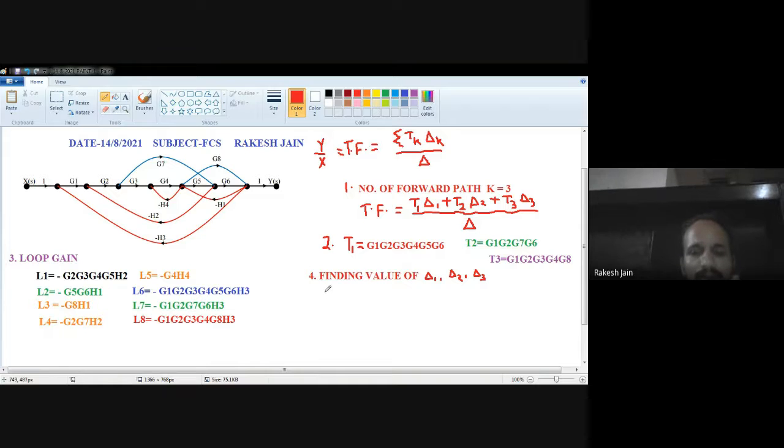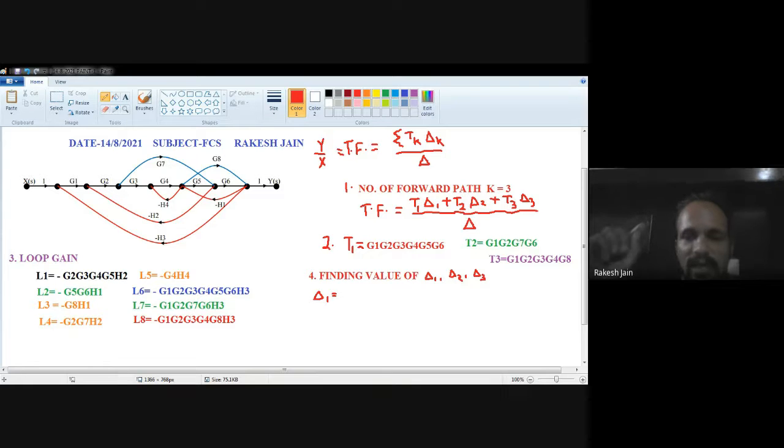Okay, now what is the meaning of del 1? It means finding which loops do not touch the first forward path.